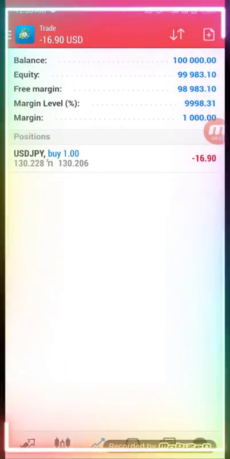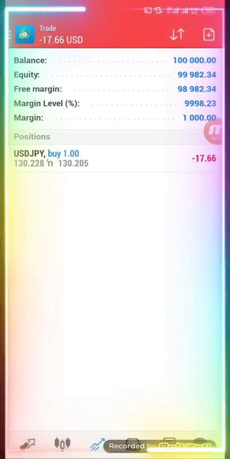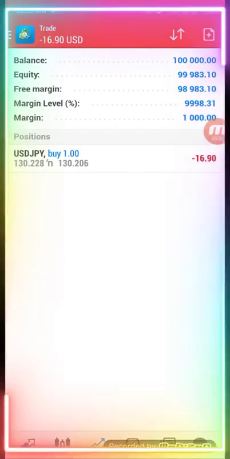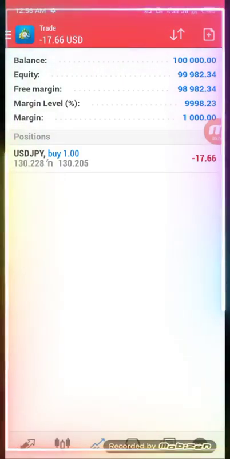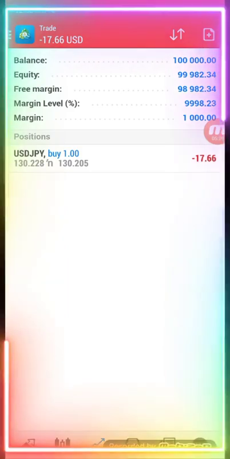Your entry point is the figure under the currency pair, under USDJPY, which is 130.228. Our stop loss is usually 500 points or 50 pips.